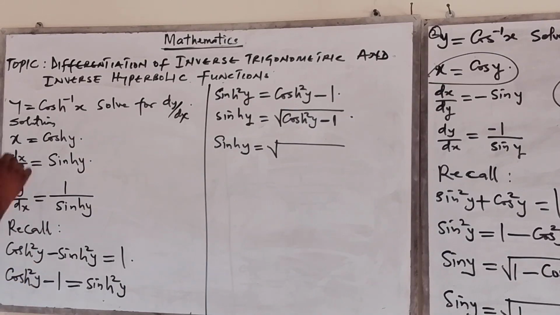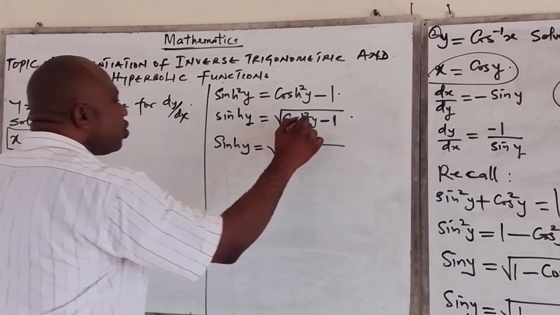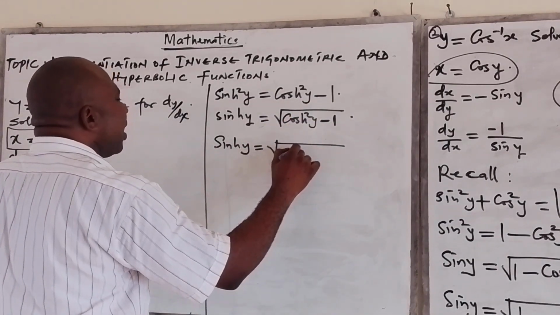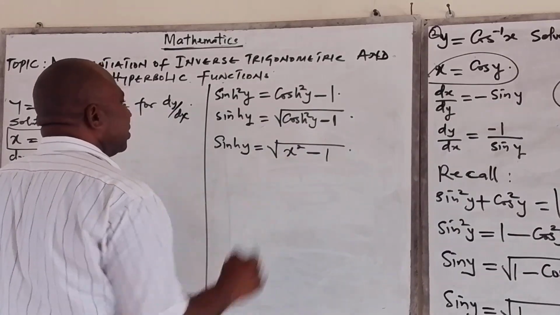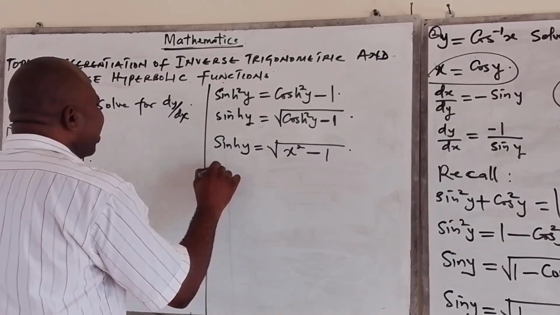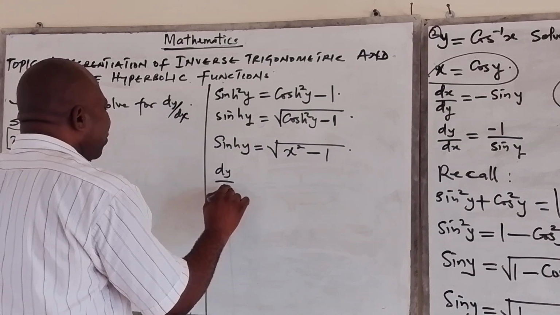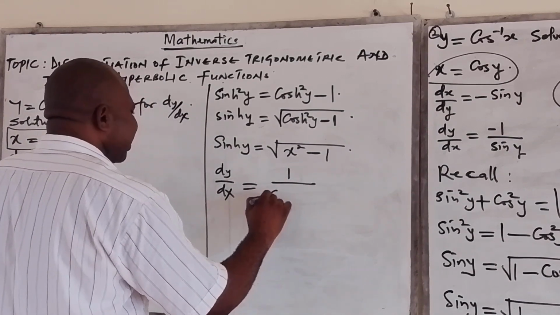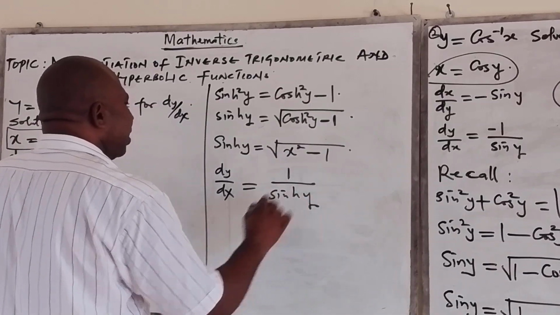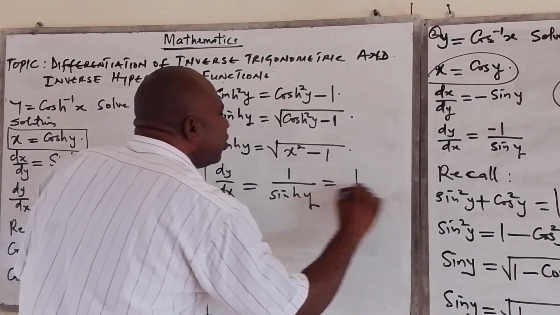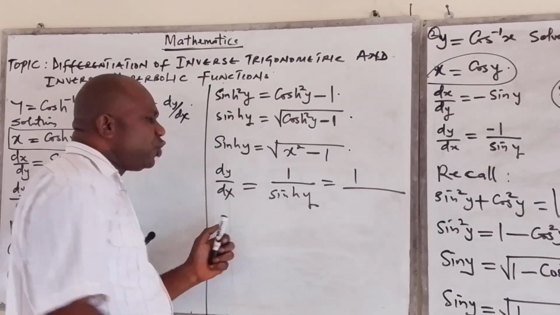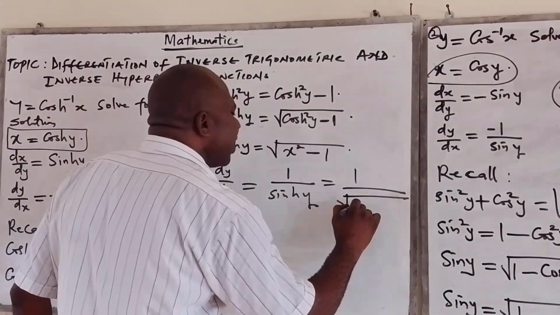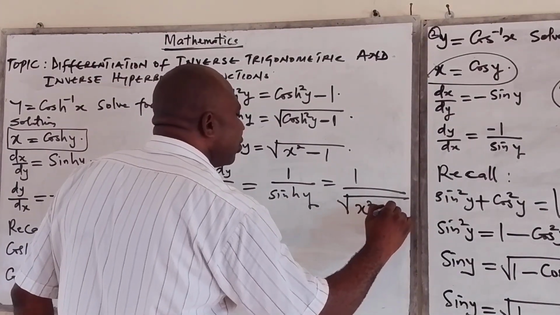And remember, we said let x represent cos hy, so this cos h squared y now will be x squared, and here we have minus 1. So now the dy all over the dx, which is the same as 1 all over sine hy, will be equal to 1 all over the square root of x squared minus 1.